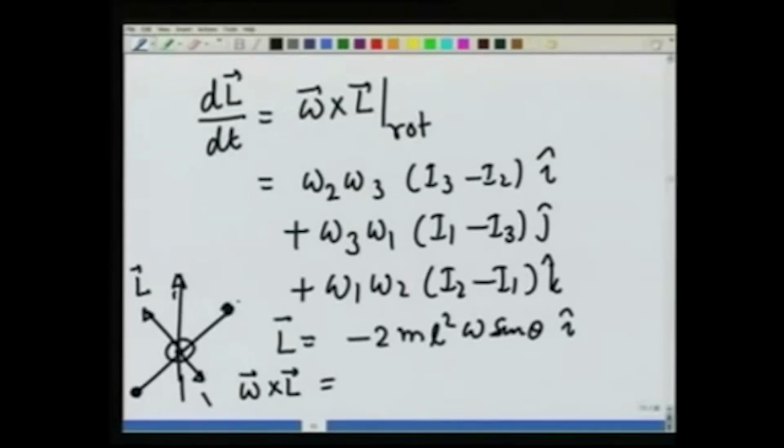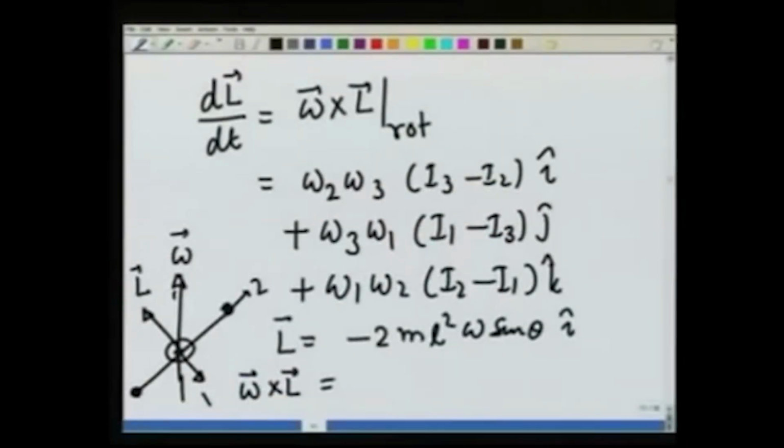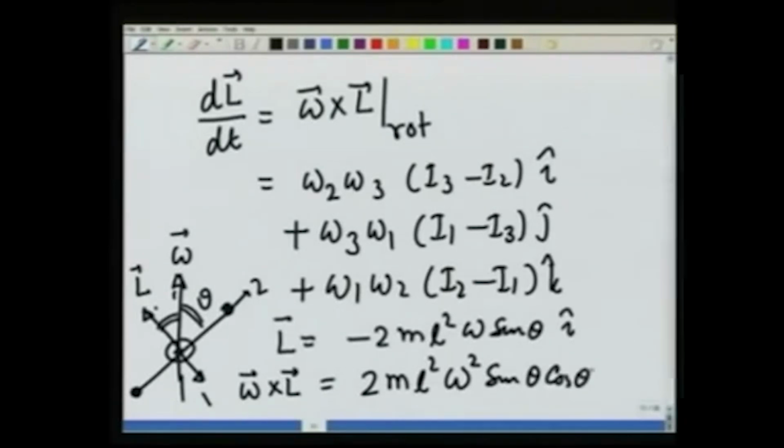This was 1, this was 2 and 3 was coming out. So, omega cross L, omega is this way, would come out in direction 3 and its magnitude is going to be magnitude of omega, magnitude of L times sine of this angle. This is theta, this is 90 minus theta, so sine of this angle is going to be cosine theta. You will see this will come out to be 2 m L square omega square sin theta cosine theta in the direction k.